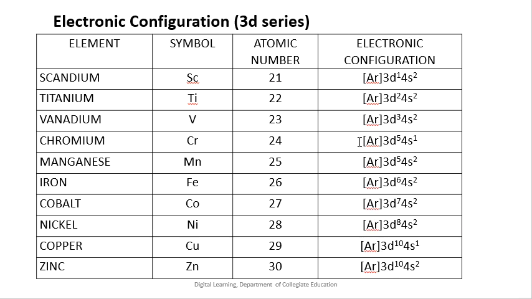The configuration of chromium should have been argon 3d4 4s2 and the configuration of copper should have been argon 3d9 4s2, but they are less stable. So we write the configuration of chromium as argon 3d5 4s1, and similarly for copper, argon 3d10 4s1.